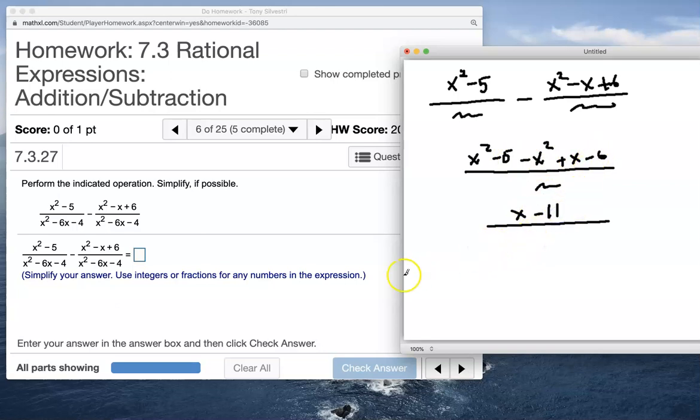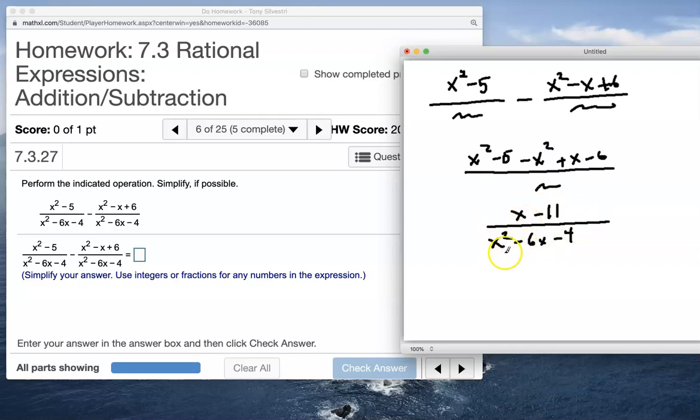Now, of course, when you enter this into the computer, you're not going to say blah, blah, blah. You're going to say x squared minus 6x minus 4. Now, before I do enter it into the computer, it is possible at this point to say, well, geez, this thing that I know is correct, can it be simplified?